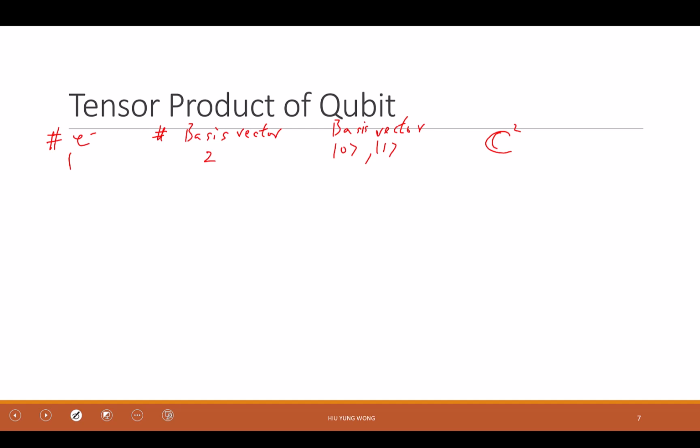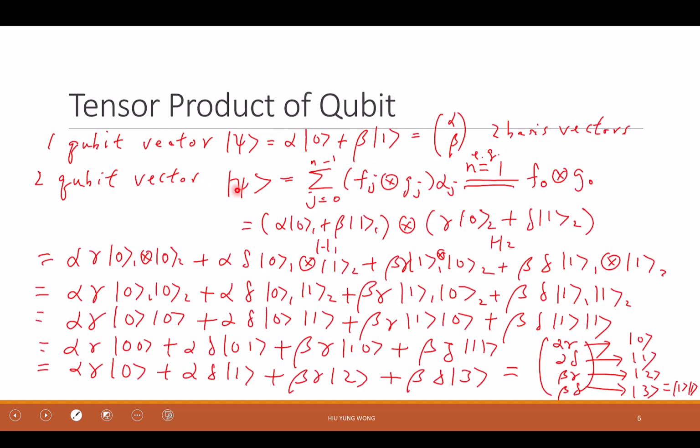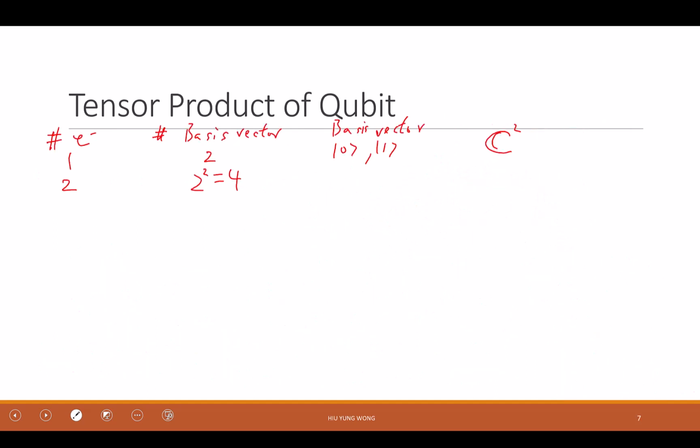Okay. Now, if I have 2 electrons, how many basis vectors do I have based on what we just said? 4. And it is actually 2 to the power 2 equal to 4. Because you do the permutation, now is where you have the permutation. Do you see that? I permute 0, 0, 0, 1, 1, 0, 1, 1. I got these 4 bases, right?